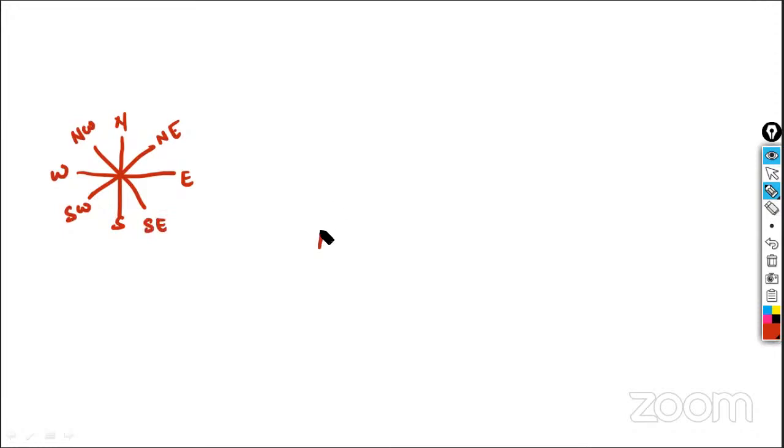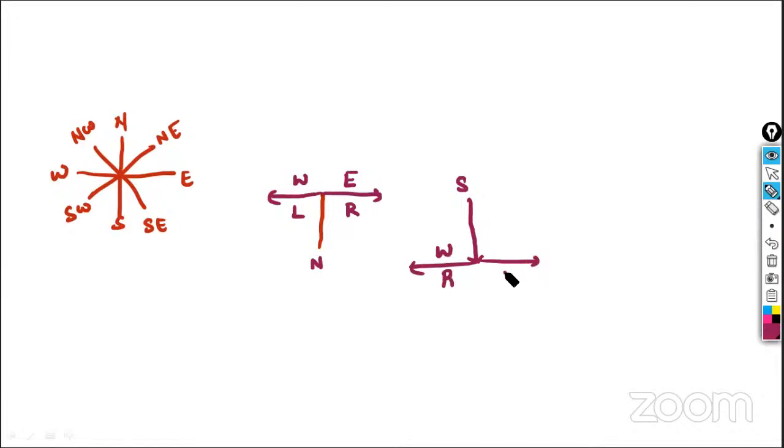A person moving north: right side means he is taking the east direction, and left side means he is taking the west direction. A person moving south: right means west direction, left means east direction.